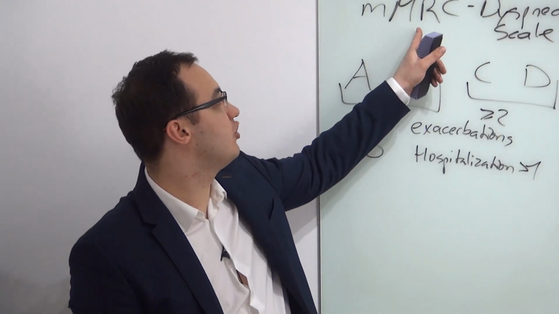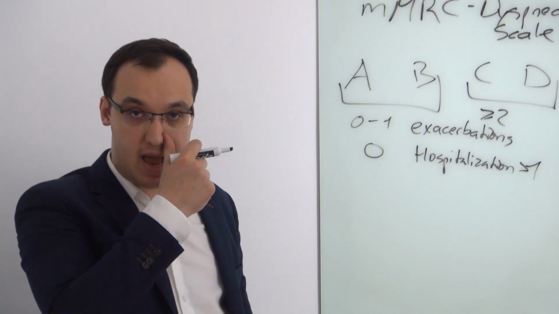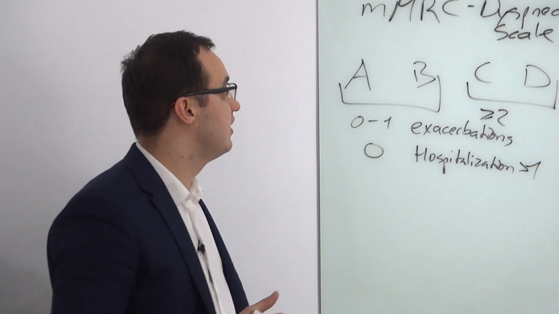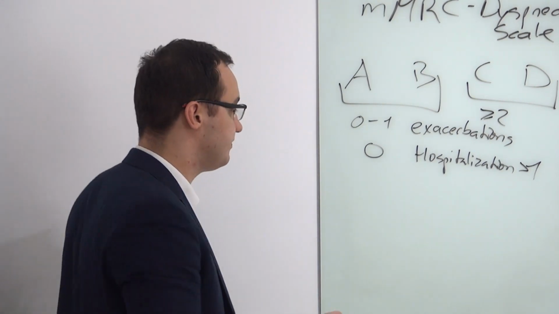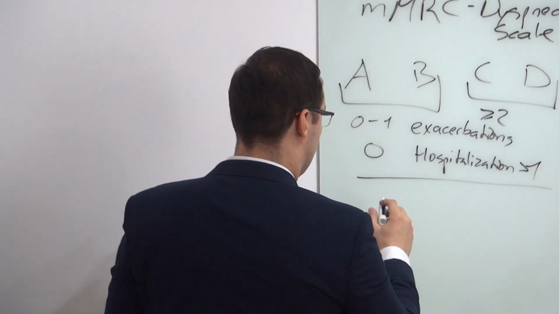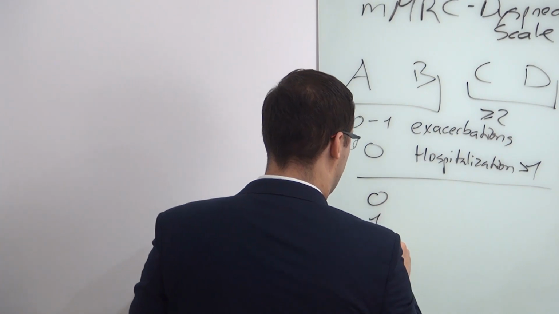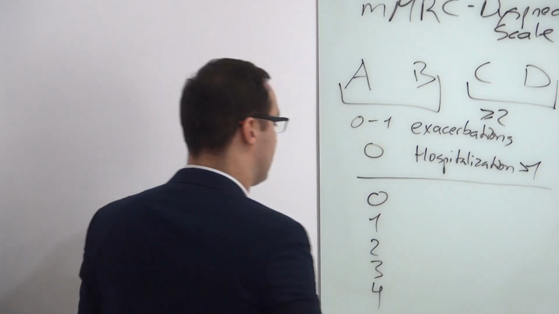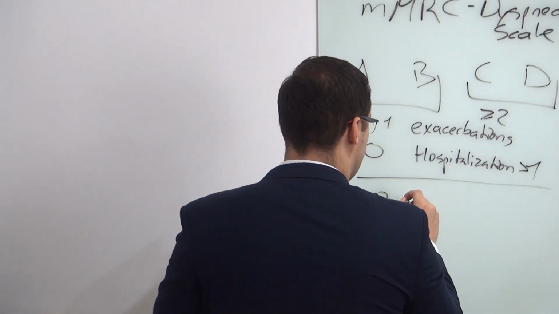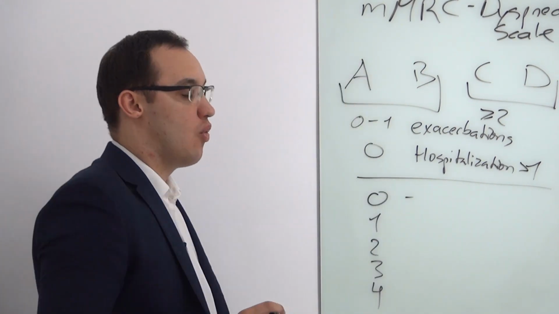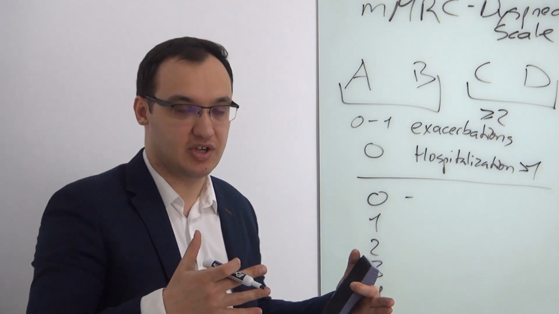And what will this tell us? This will group patients into grades. Let's take it here. We have 0, 1, 2, 3, 4. So actually it will group into 5 possible ways, and that will indicate the breathlessness of the patient.